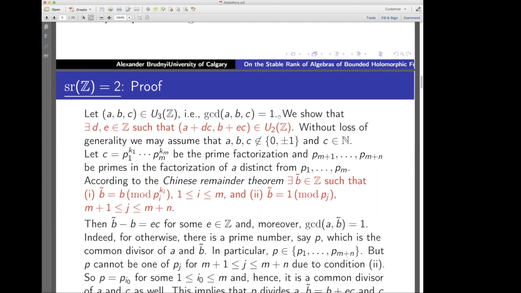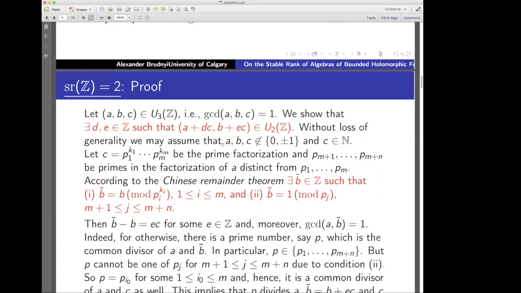So from here it follows that there are some integers such that the sum of these times a, b, c will be 1. Now we need to show that one can find d and e integers such that (a + dc, b + ec) is in U_2(Z), meaning that the greatest common divisor of this pair will be 1.